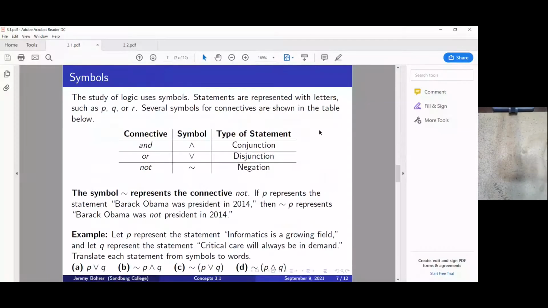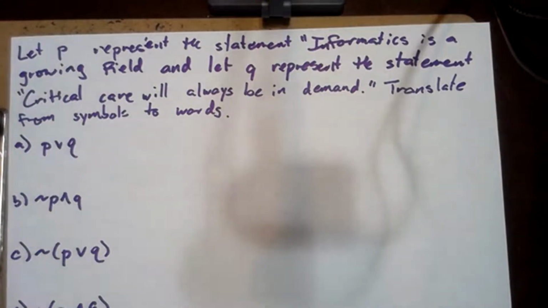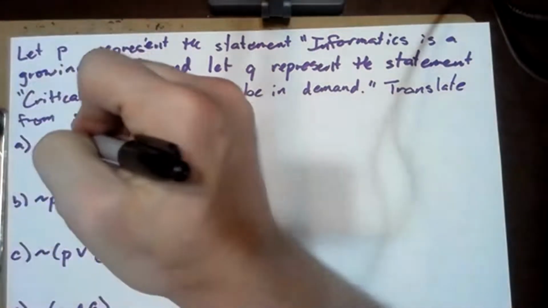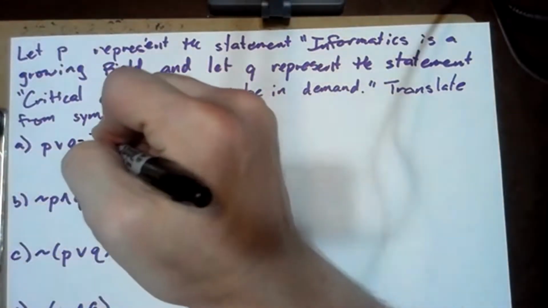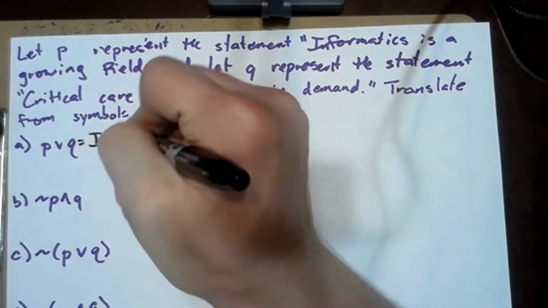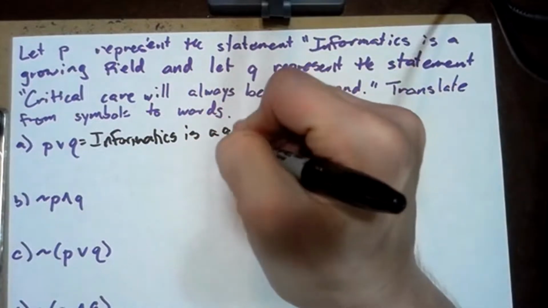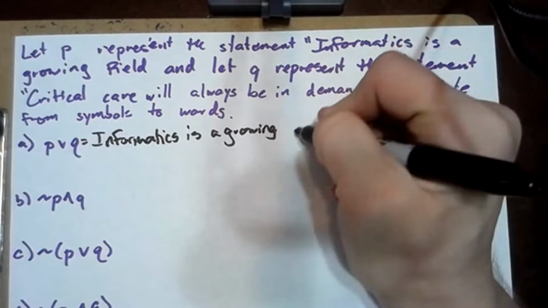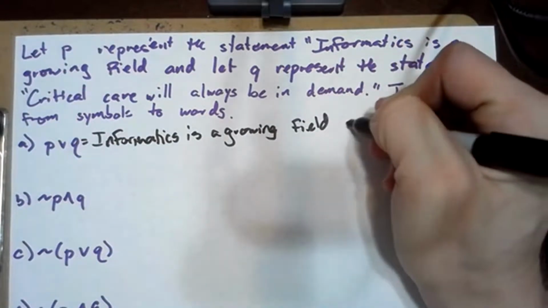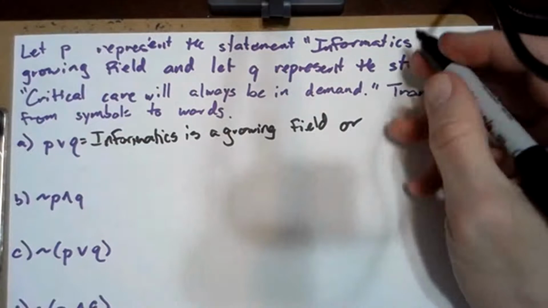Next up, we're asked to let P represent the statement informatics is a growing field, and Q is the statement critical care will always be in demand, and we want to translate these statements from symbols to words. So we're starting with the statement P or Q. Well then, that's equivalent to informatics is a growing field, or critical care will always be in demand.